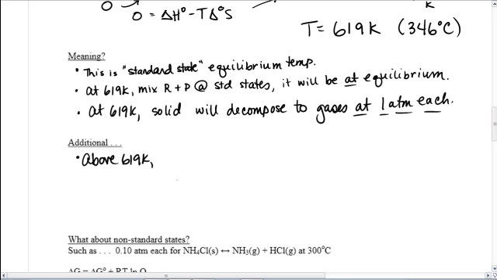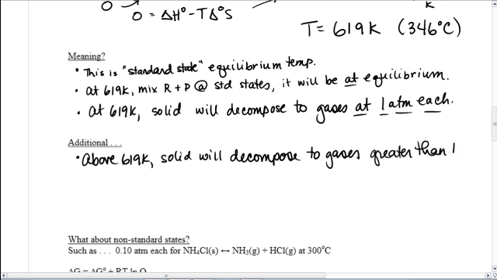More. So at 619 Kelvin, it will decompose to 1 atmosphere. Above 619 Kelvin, the solid will decompose to gases that are actually greater than 1 atmosphere each.